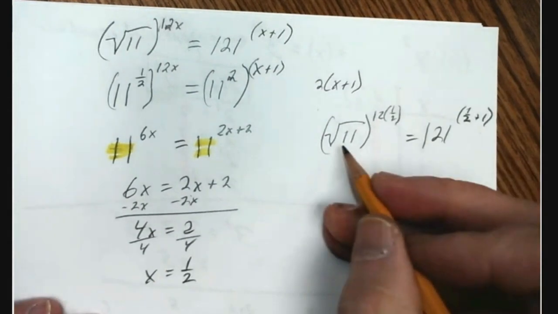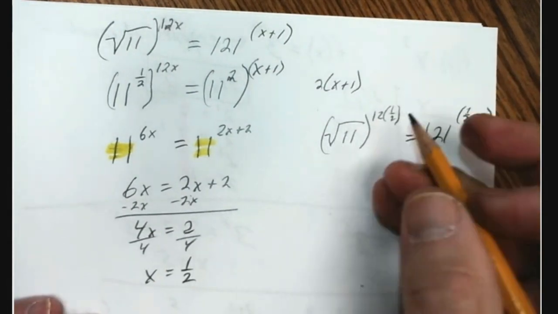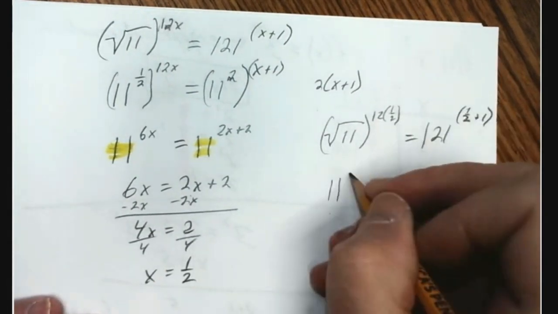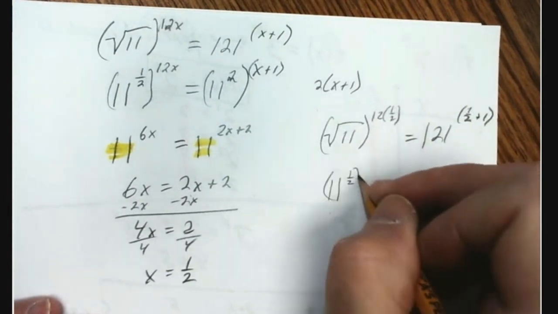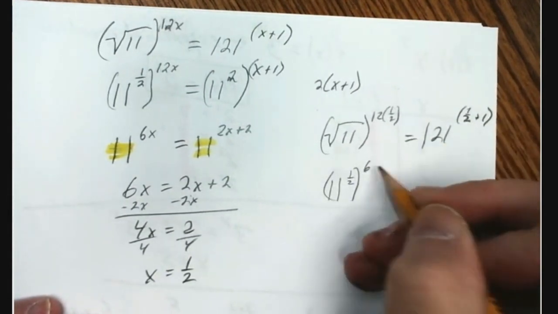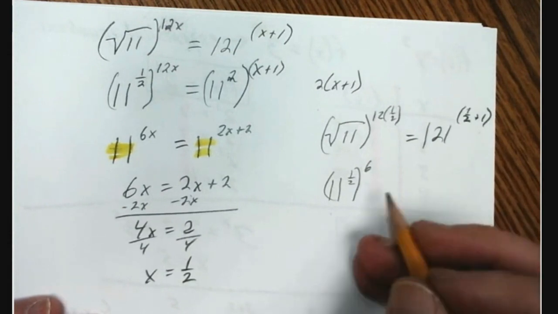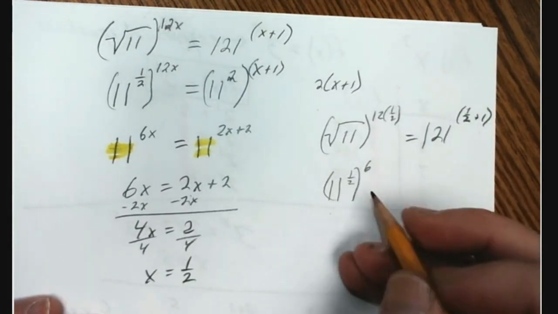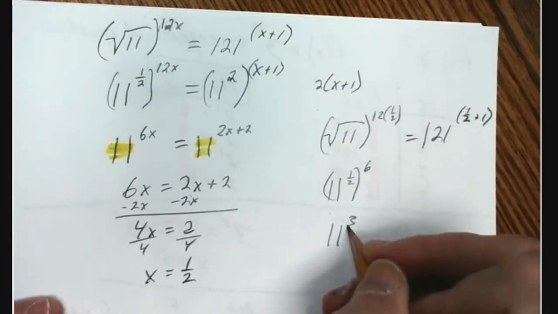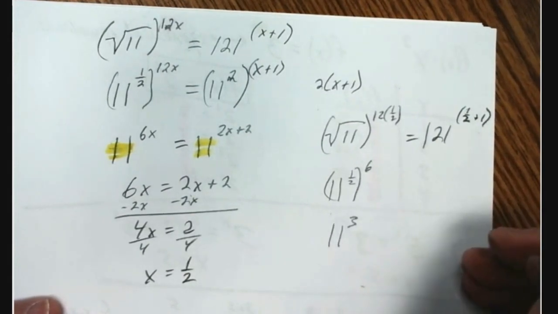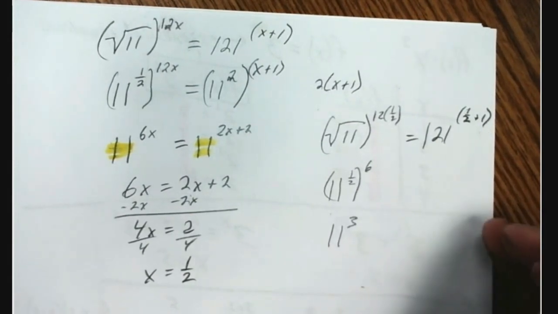If we simplify all of this, this again is 11 to the 1/2 power, and 12 times half is 6. And then power to a power, so this is 11 to the 3rd power. All right.